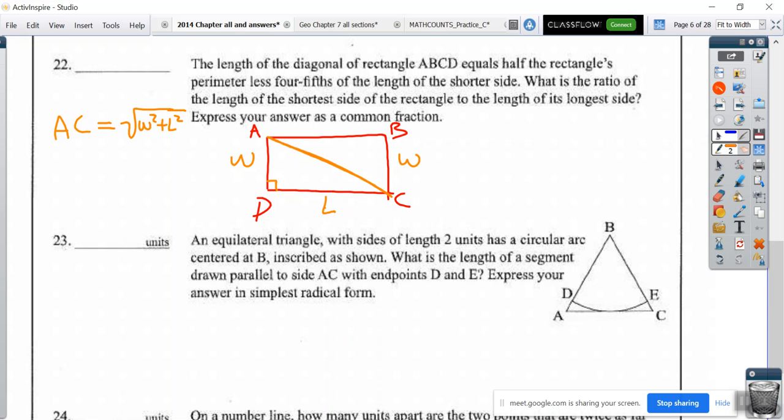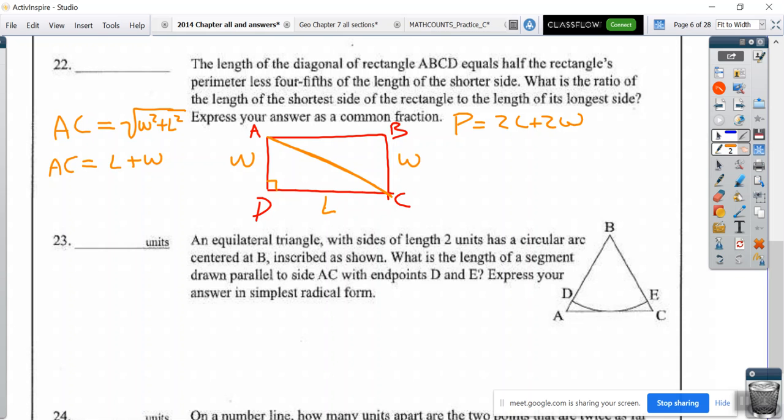Generally, the normal rectangular perimeter would be 2 times the width plus 2 times the length. But since it's only half of the perimeter, it's just the width plus the length. So we have AC is equal to the length plus the width.